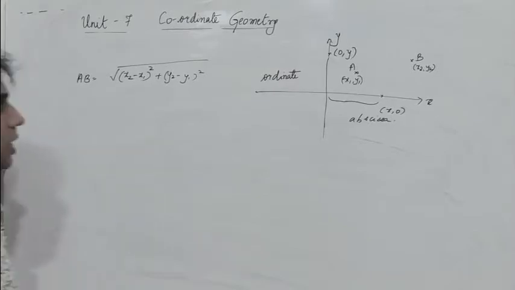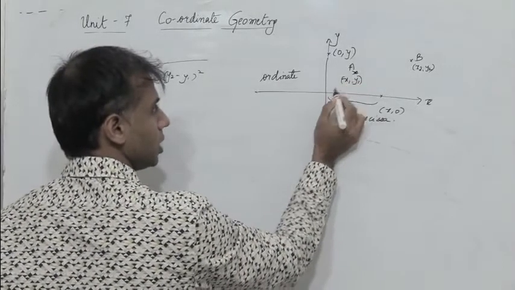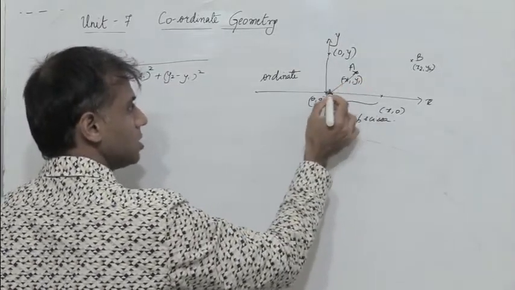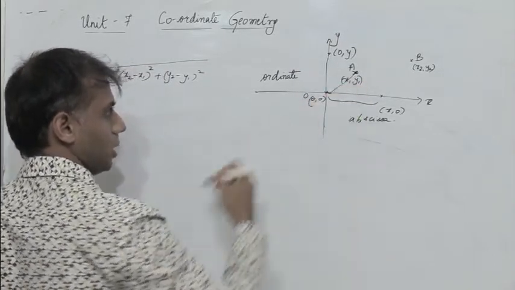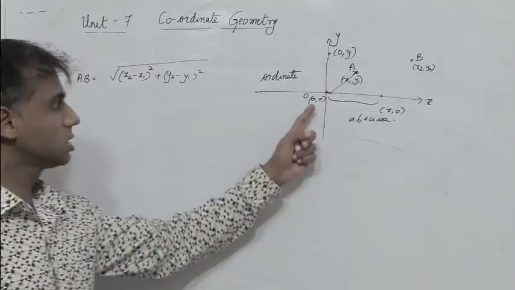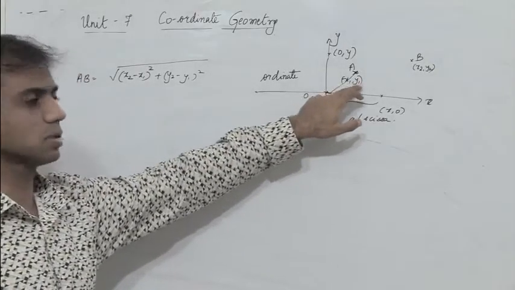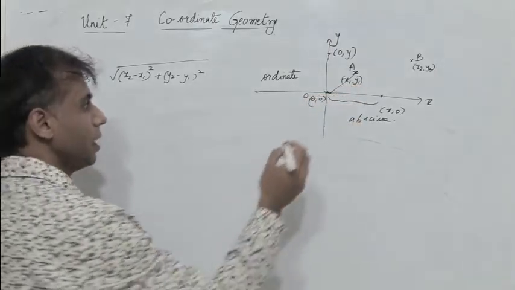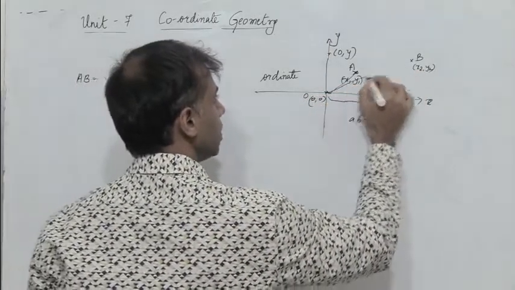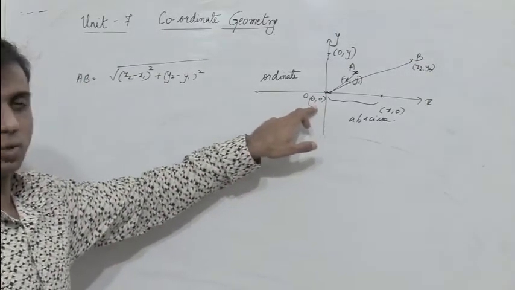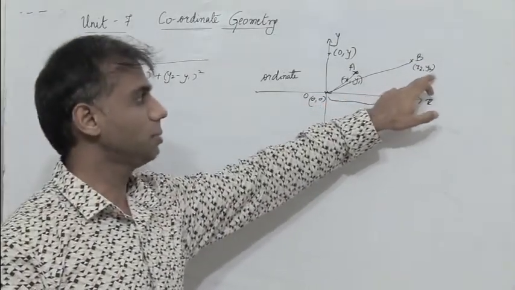Now if I would like to find the distance of a given point with respect to the origin, suppose I want to find this distance OA, then the coordinates of the origin are 0, so it is just going to be the square root of x1 square plus y1 square. Similarly, the distance of B from the origin is the square root of x2 square plus y2 square.